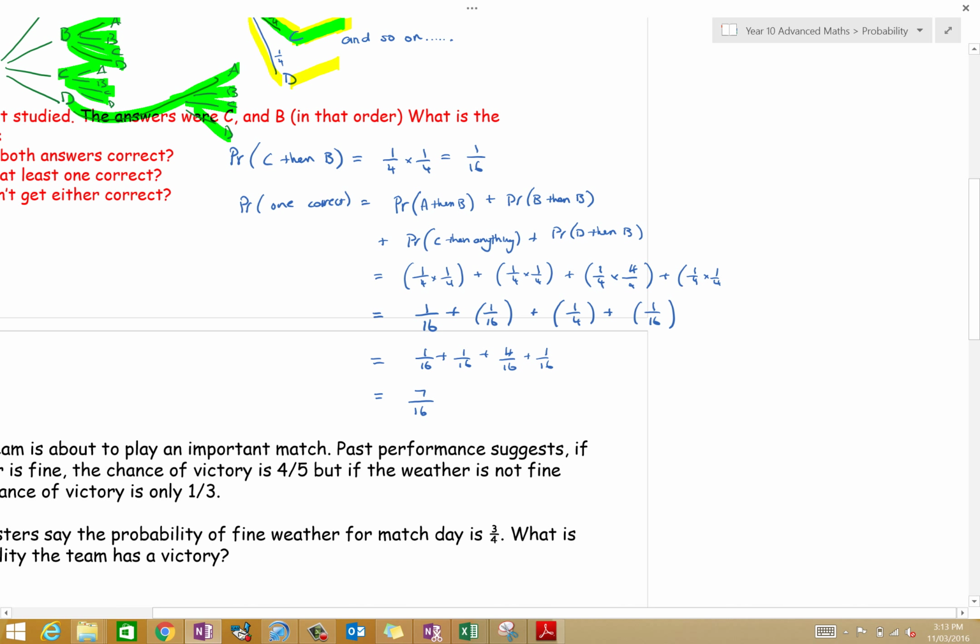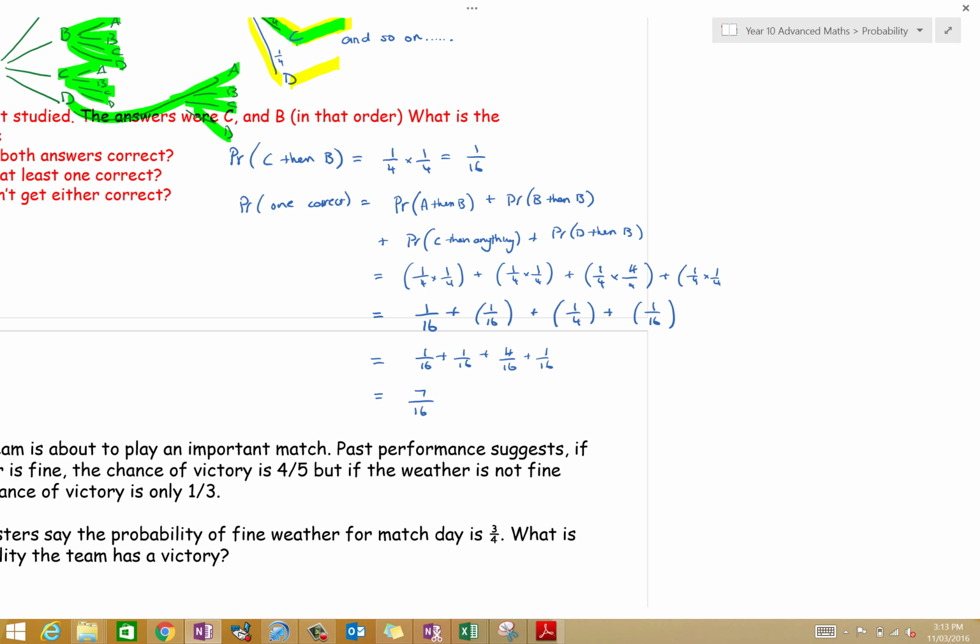As you can see, because each one has the same probability, we could have counted the number of outcomes highlighted on that tree. That was 1 plus 1 plus 4 plus 1, which was 7 out of 16. Or we could multiply each, and as you can see there, it's a total of 7 out of 16.